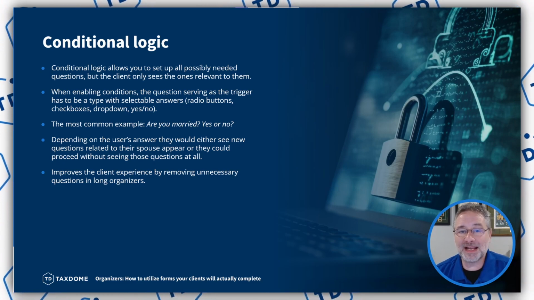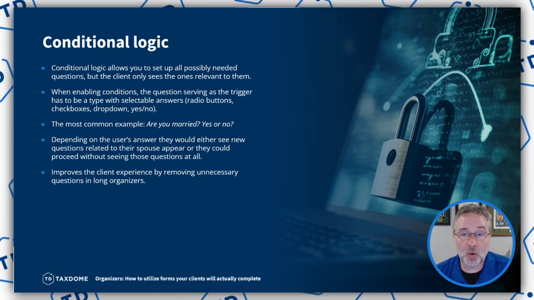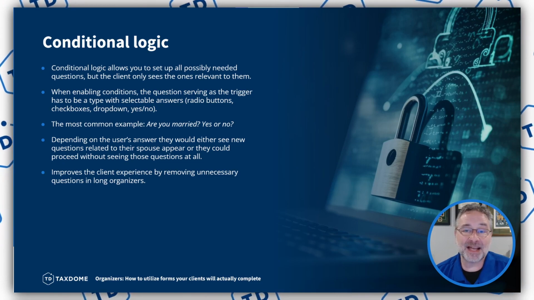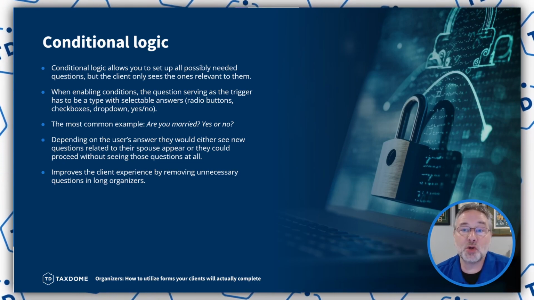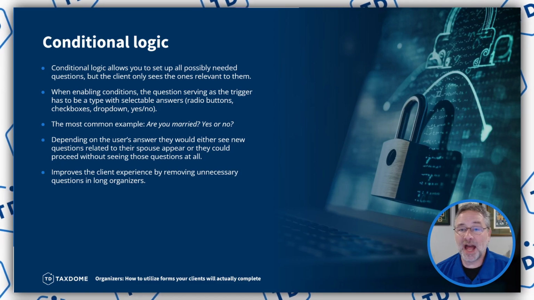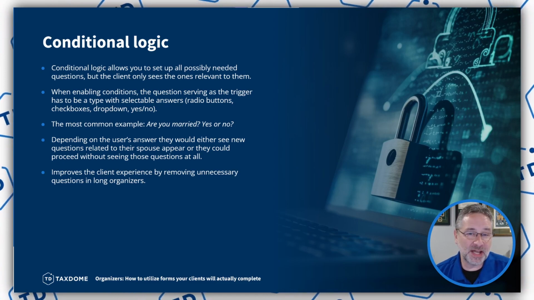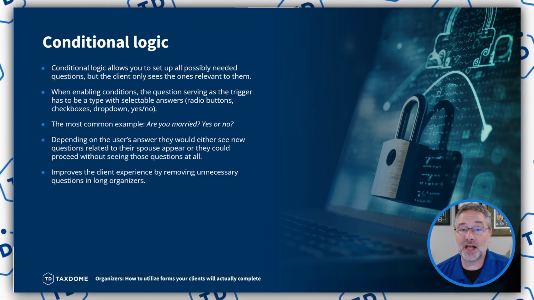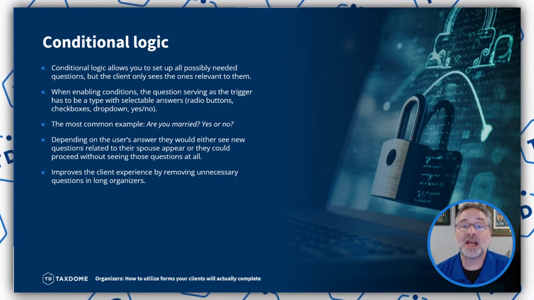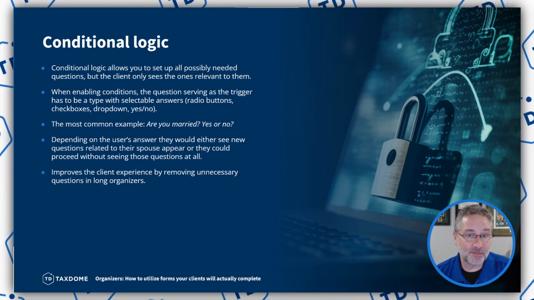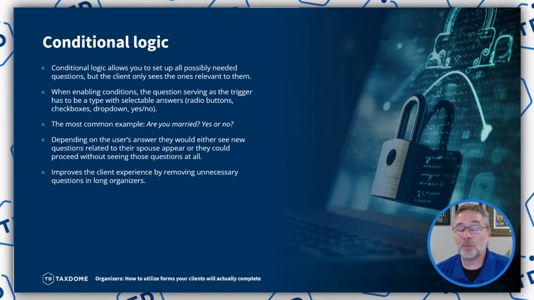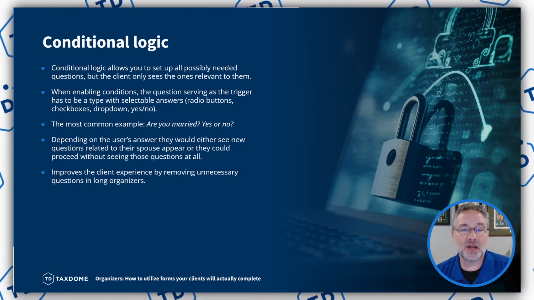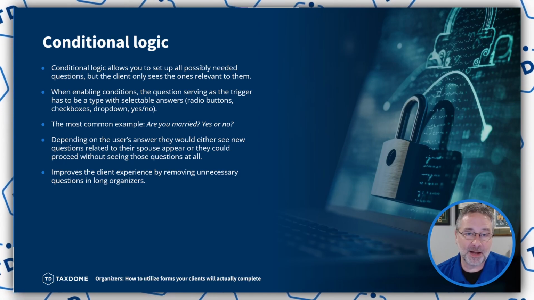The most common example of conditional logic in an organizer you'll see is having a yes or no question asking the client something like, for example, are you married? You would have all the spouse-related questions listed either way, but you'll set it up so your client will only see those questions if they select yes. Setting this up will help you streamline the process for your clients, since they'll get asked just the questions which are relevant to them.